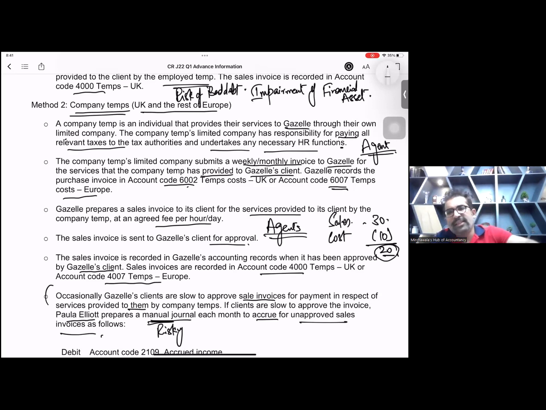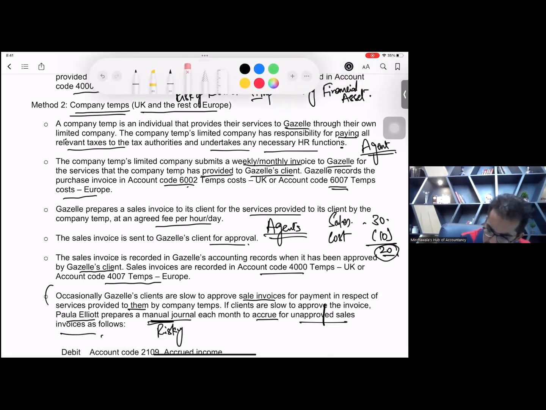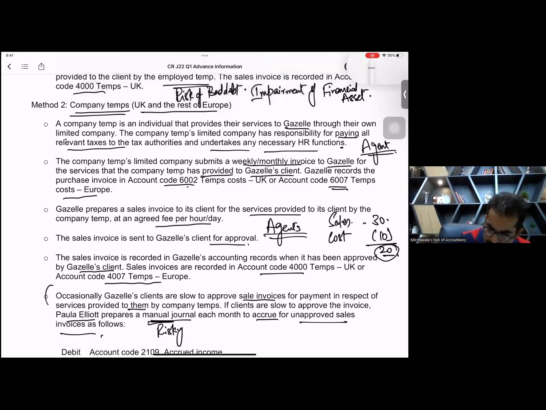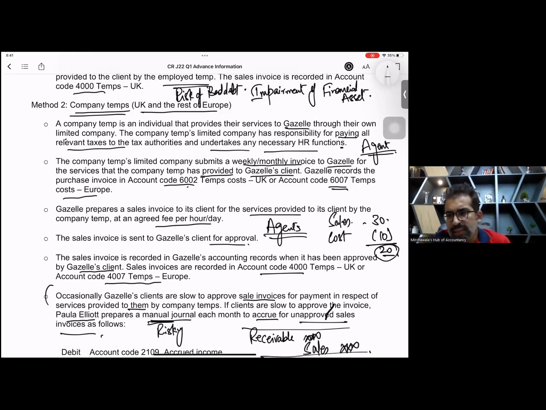When we see that the client is very busy and not replying, we make the entry: receivable, accrued income, debit and sales credit. Accrued income itself is a receivable. When we see that the client is taking time and the month is about to pass, we make this manual entry.